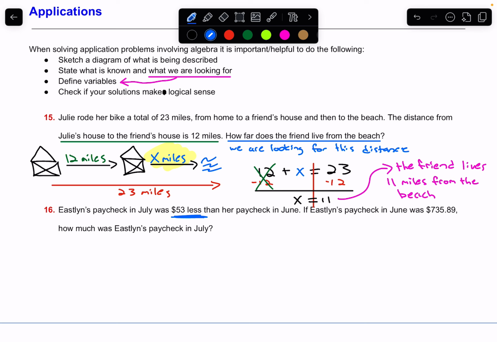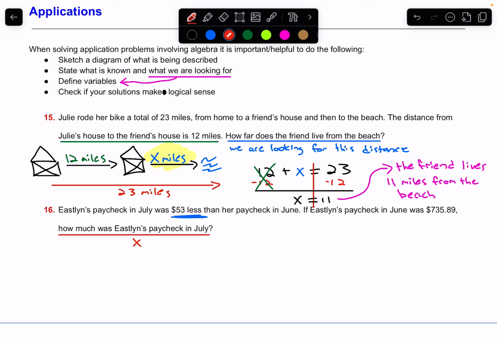That'd be crazy. So instead, we're going to skip the diagram on this one. We're just going to jump straight to the equation, but we are still going to define a variable. So what we are looking for, it says how much was Eastland's paycheck in July. So we are going to define that as our variable X. Okay, X is going to represent Eastland's paycheck in July.